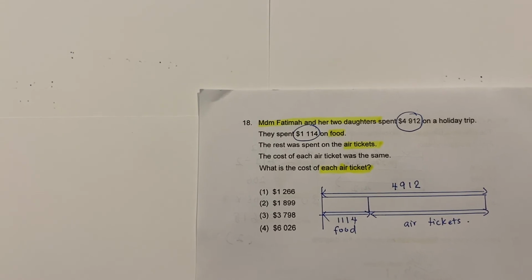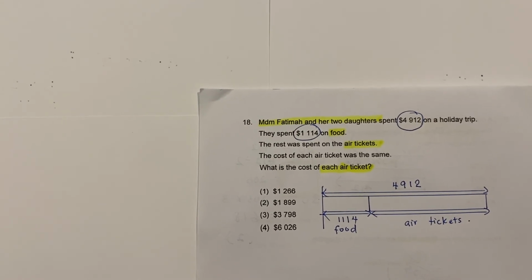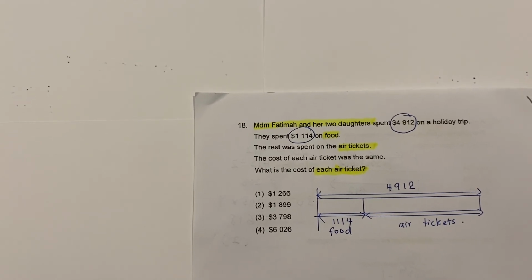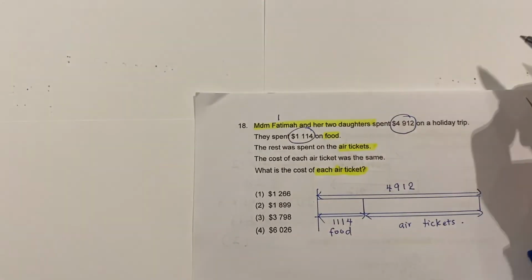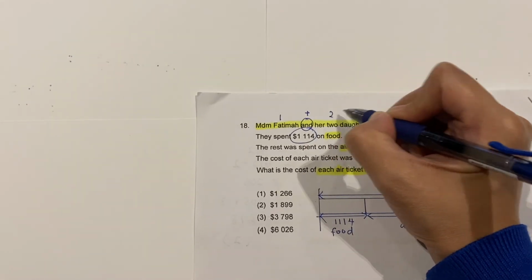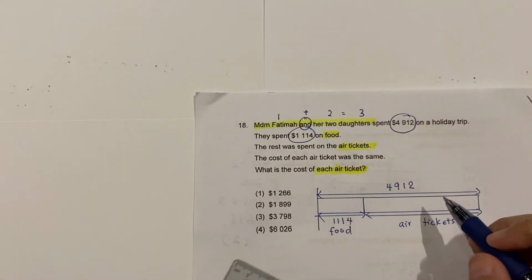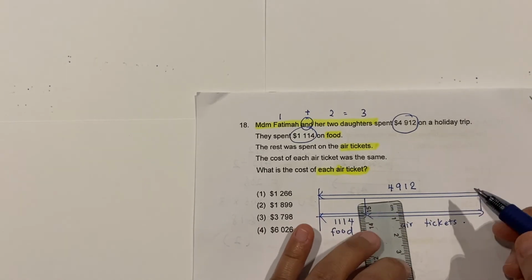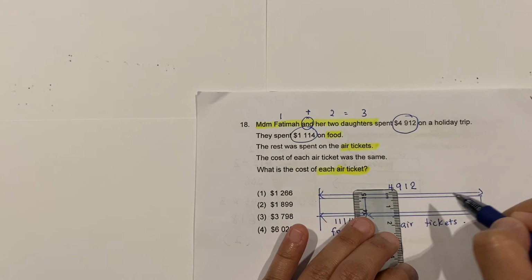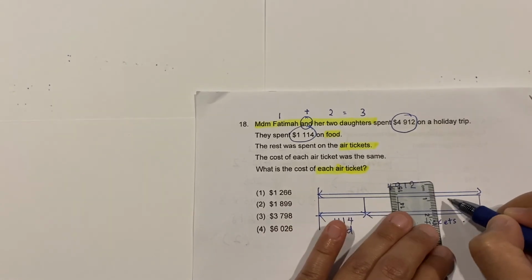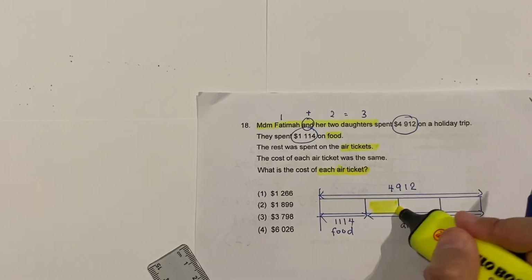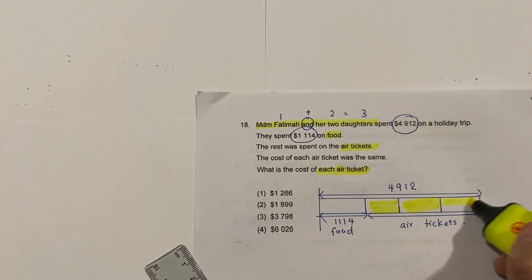So now, Madam Fatima and her two daughters. You must know that the total number of tickets will be 1 for Madam Fatima, plus 2 daughters, so that means there are 3 of them. And air tickets means they are the same, equal number. So try to cut it up into 3 parts: air tickets 1, 2, 3.